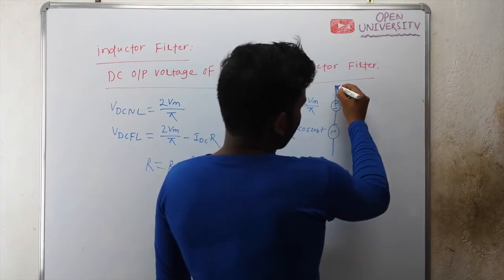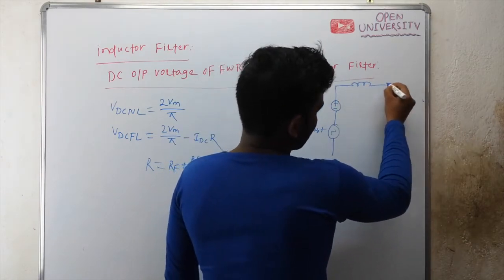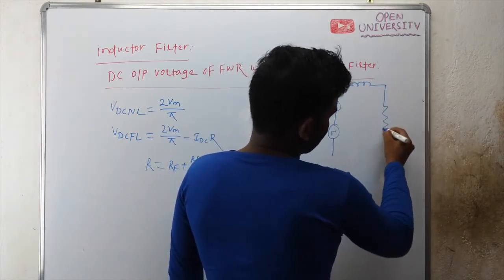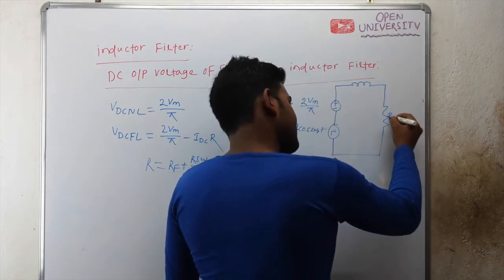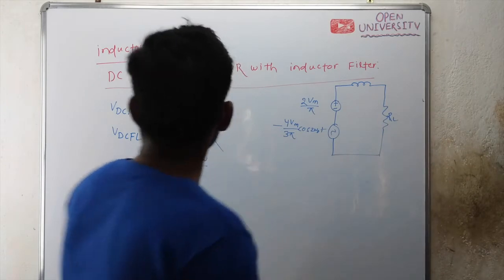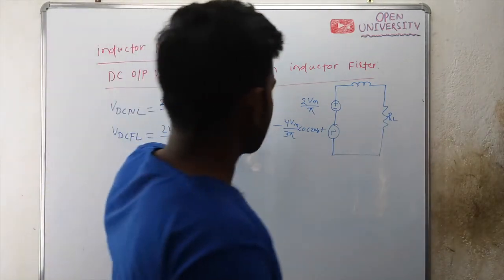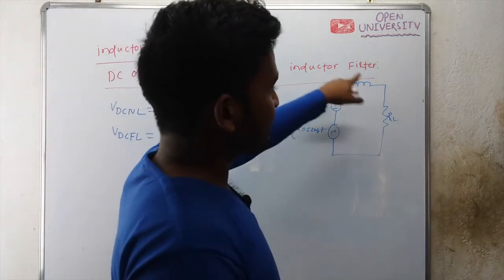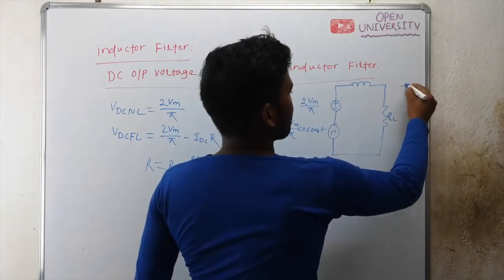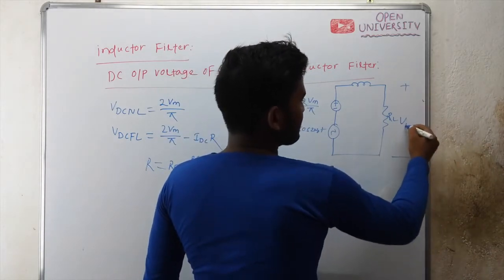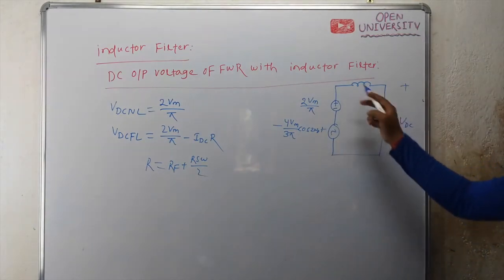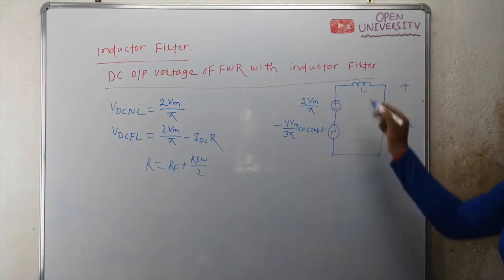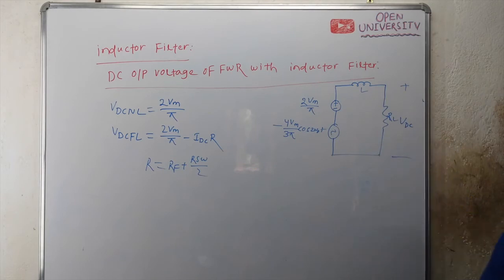Now you connect your center tap full wave rectifier with inductor filter, and my interest is to calculate the DC output voltage of the full wave rectifier with inductor filter. How much DC output voltage VDC do I get when I connect the inductor filter with the full wave rectifier?